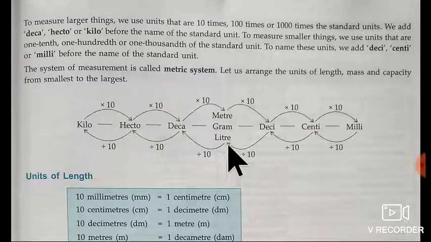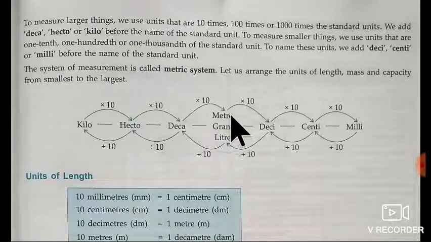If we divide by 10, it becomes deciliter, and after dividing by 100 it becomes centiliter, and dividing by 1000 it becomes milliliter. Dividing by 10 it becomes centimeter, centigram, or centiliter, and dividing by 10 it becomes decimeter, decigram, and dividing by 10 it becomes liter, meter, or gram.